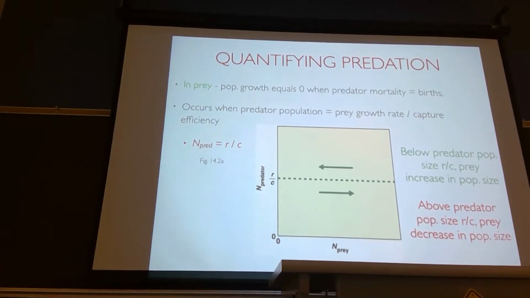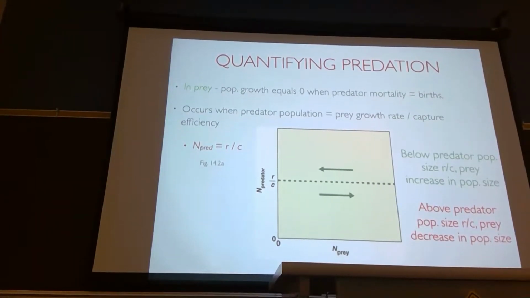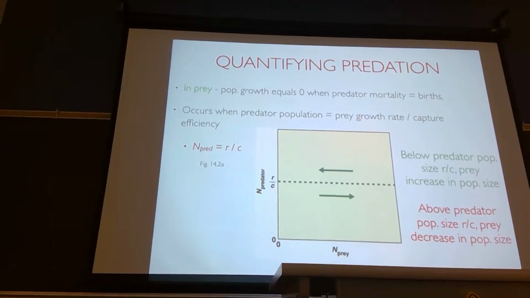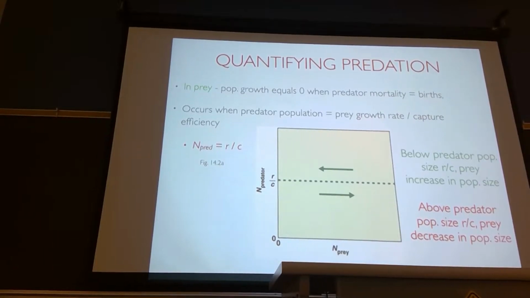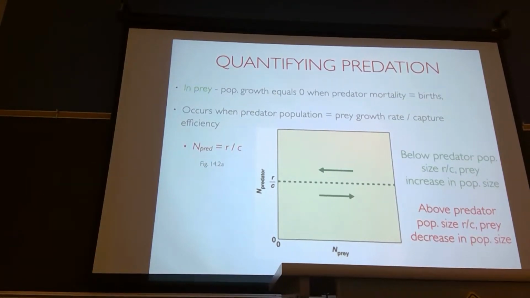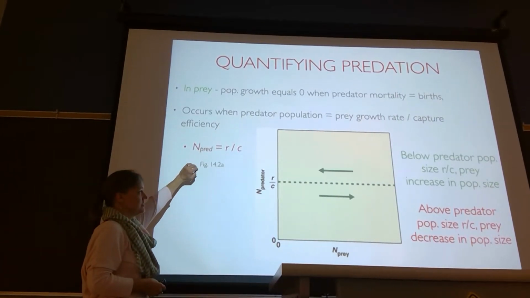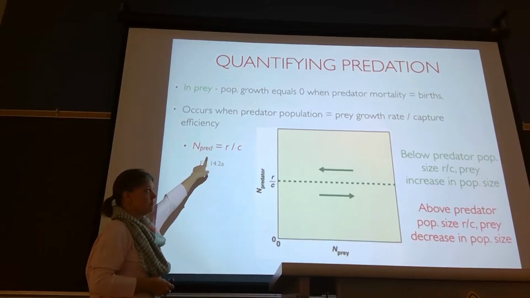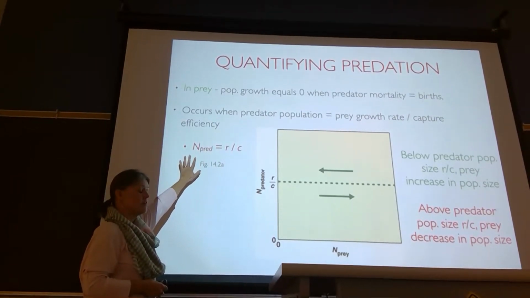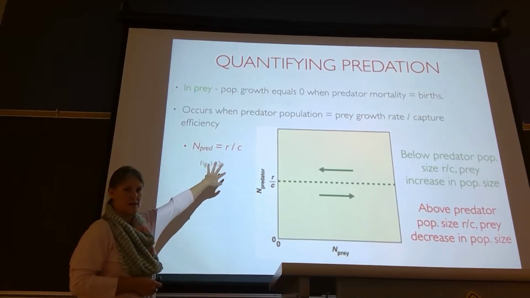Their population growth equals zero when predator mortality, how many of them are eaten, equals their birth rate, when they're dying and being born at the same rate. That happens at a predator population size equal to the prey growth rate R divided by capture efficiency.